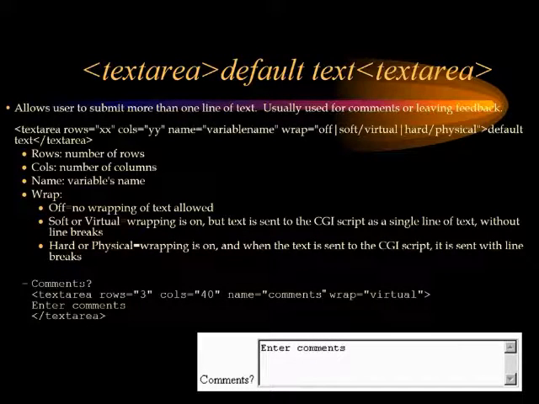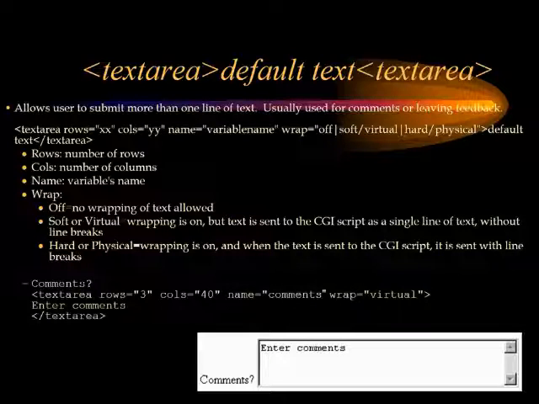Sometimes you'll want your visitor to be able to put in more data than is possible in a single line text box. If you want to have a multi-line text box, this is done using a completely different tag. Instead of the input tag, it is the textarea tag.